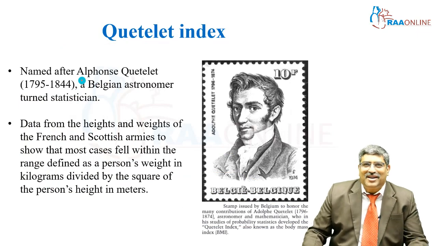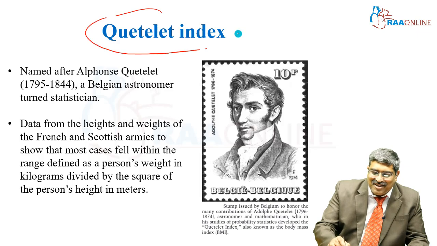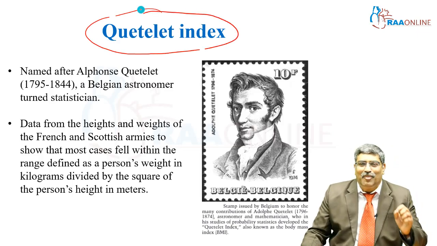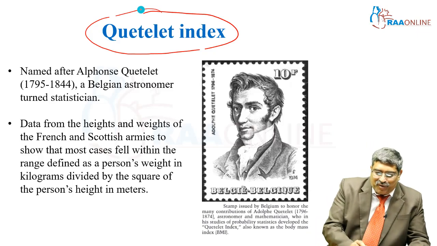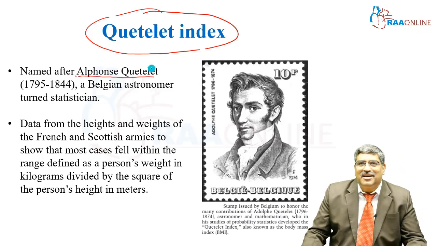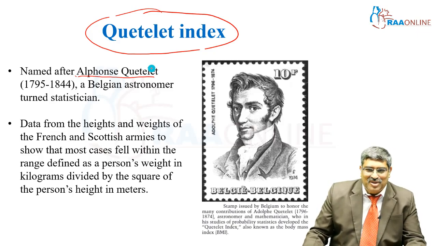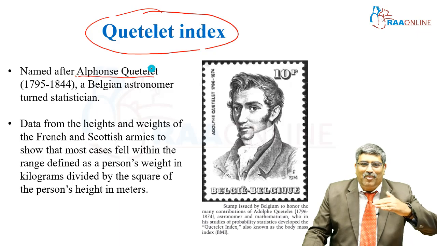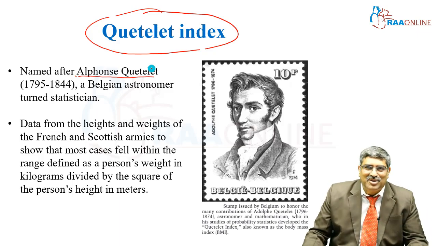Another important history attached to obesity is Quetelet's index, through which we calculate the body mass index. This was named after Alphonse Quetelet, a Belgian astronomer turned statistician. He was the one who used the formula where you divide the weight by the height squared.